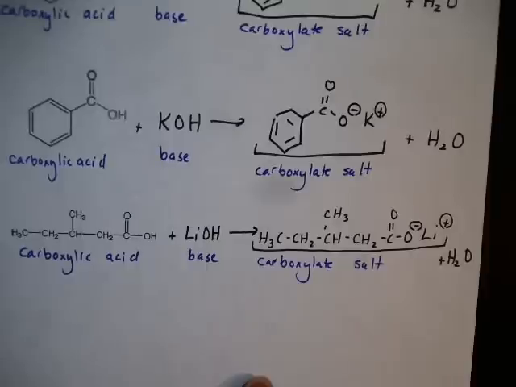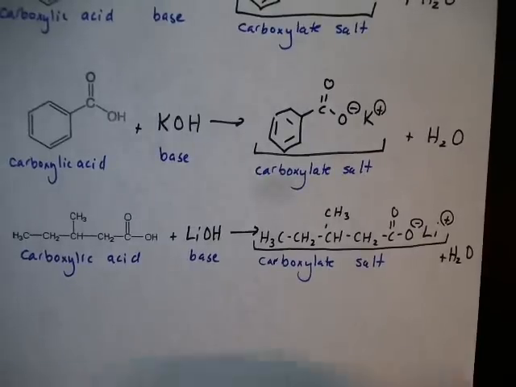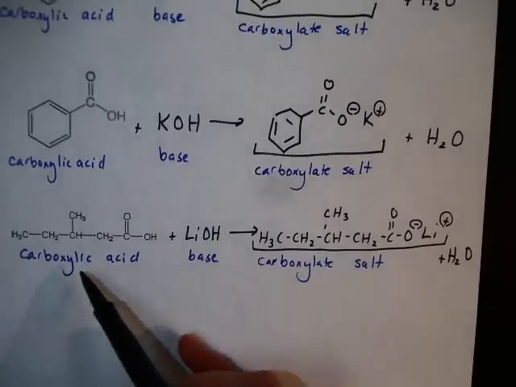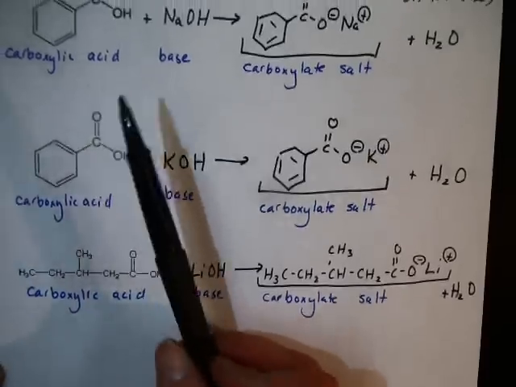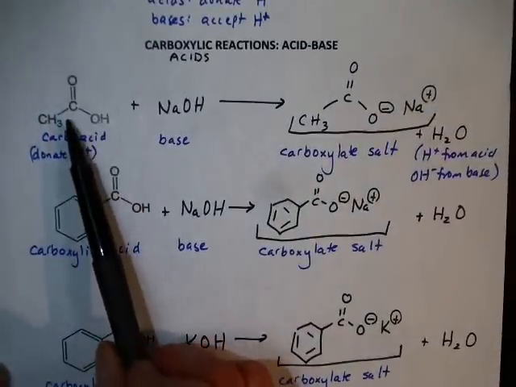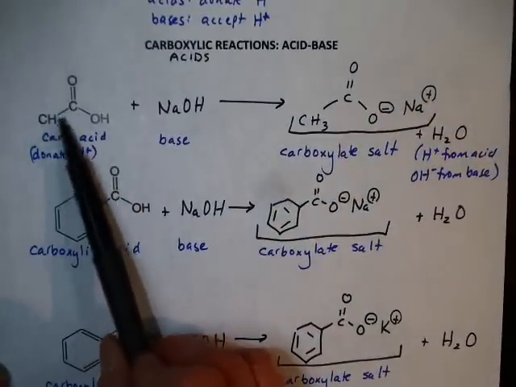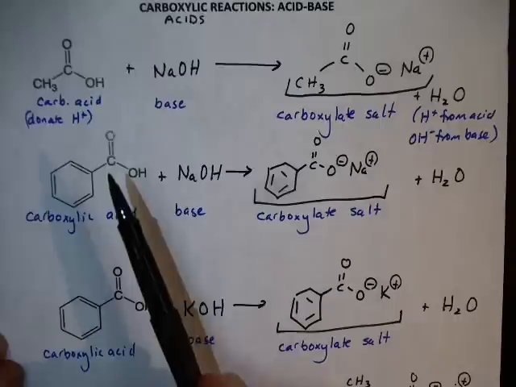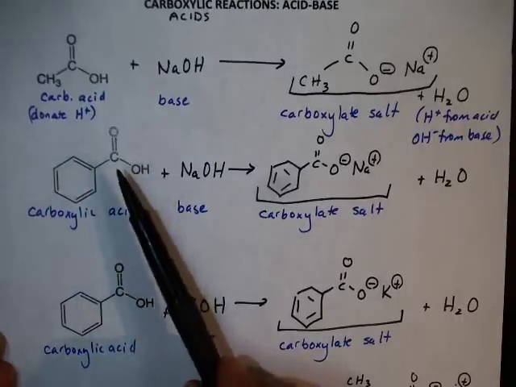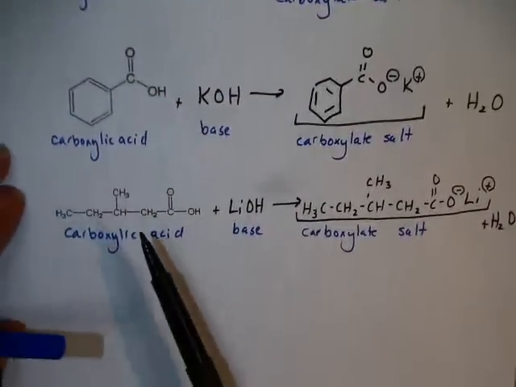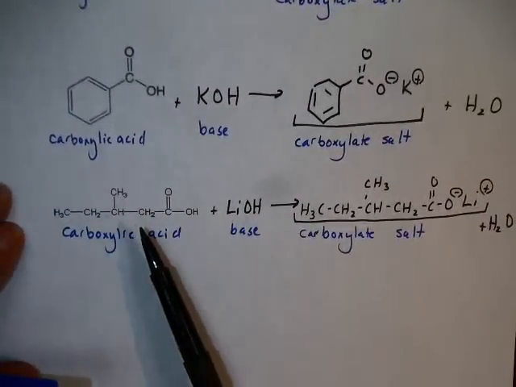I'll also point out one thing you saw in lab, carboxylic acids, some of them are water soluble. This one was. It doesn't have very many carbons. This one has too many carbons. It's not water soluble. This one probably also not water soluble.